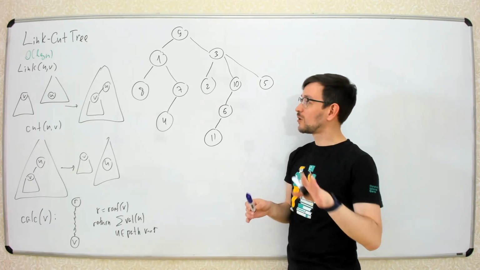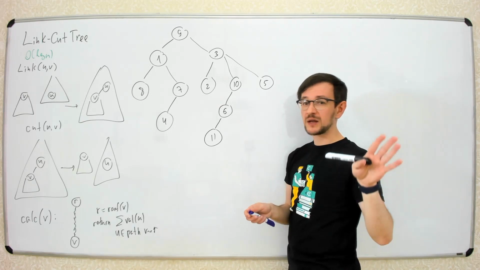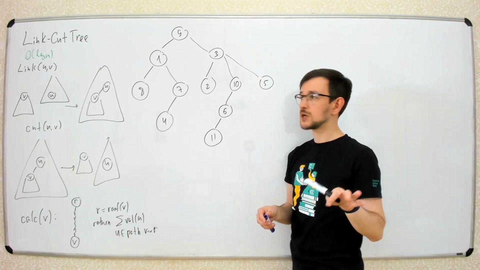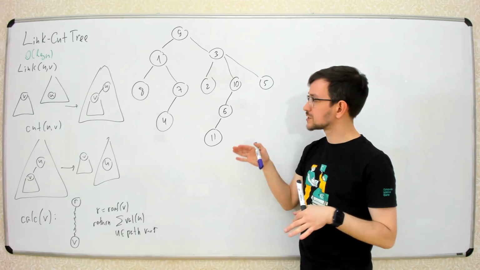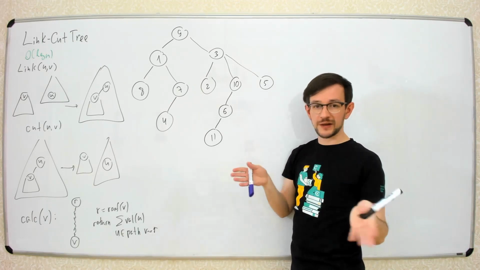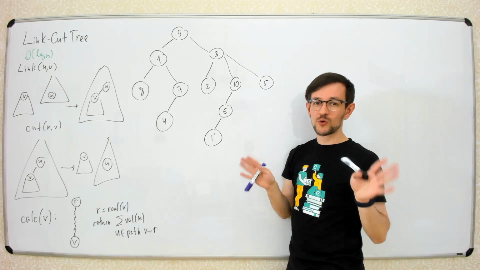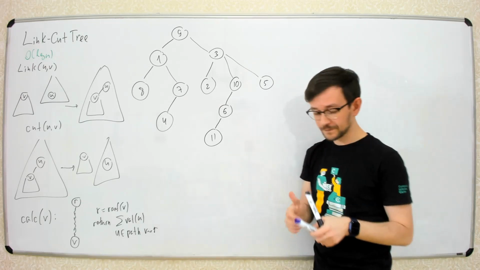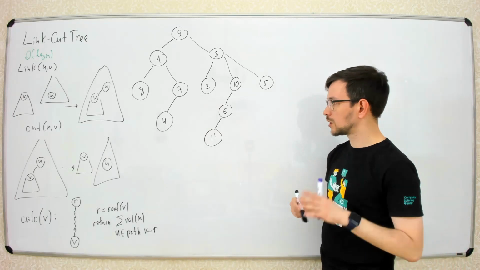That's the plan. We will build some decomposition and allow this decomposition to rebalance itself, like in Splay trees. These operations will affect this decomposition, and magically, in the end, we will prove that the time complexity will be log n. Absolute magic.